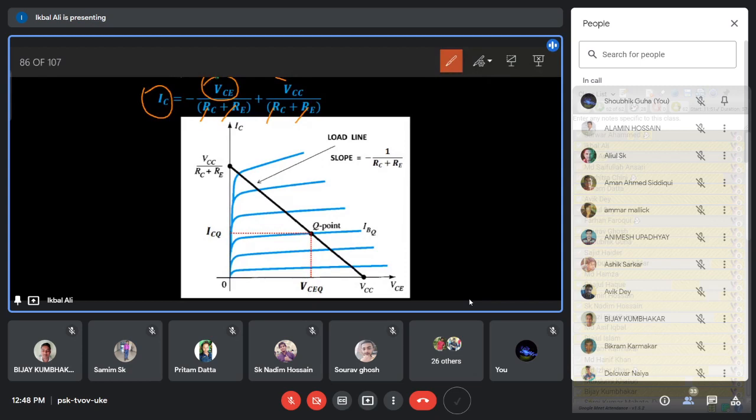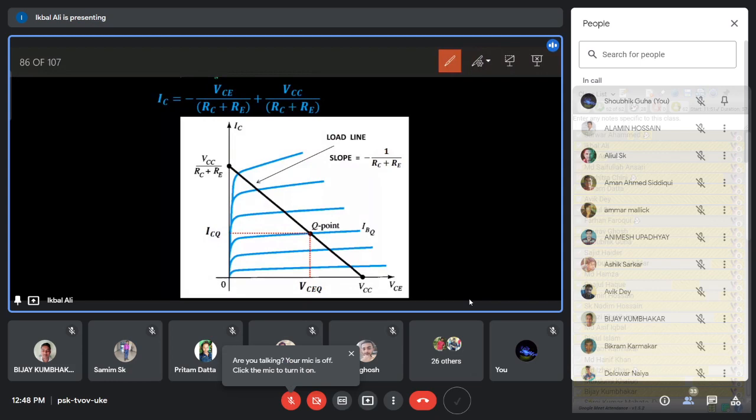So this output side KVL equation can be written in this way, and it gives you the collector current variation with respect to the collector-emitter voltage across the transistor. Can anybody say what is the nature of this equation?